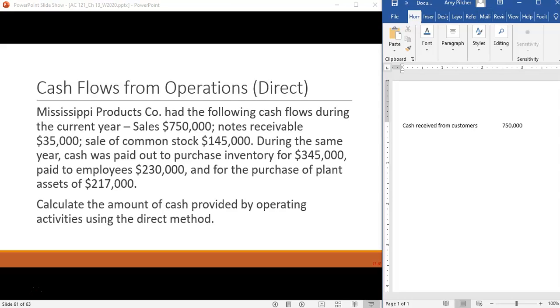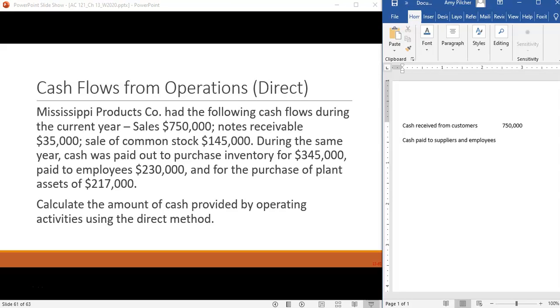Then we have cash payments to suppliers and employees. We had cash paid out to purchase inventory for $345,000 and cash paid to employees of $230,000.